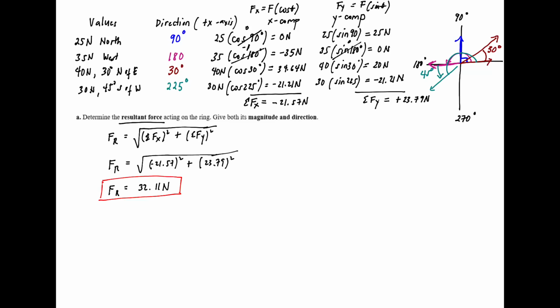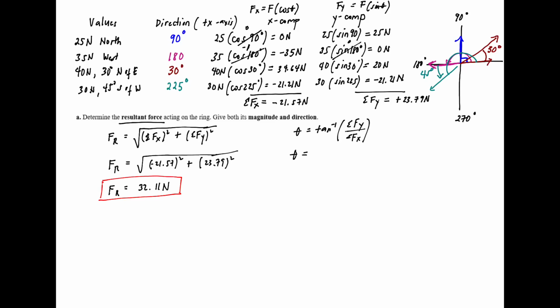Now, how about for the direction? For the direction, remember that for the angle, we're going to have the arctan of the summation of Fy over the summation of Fx. Be careful that the upper one is the summation of Fy. So let's write it down.